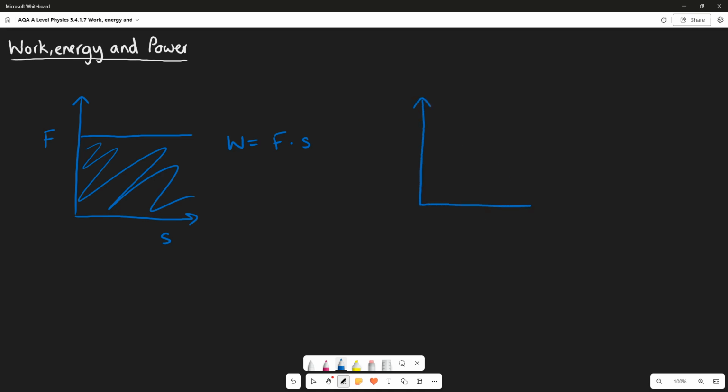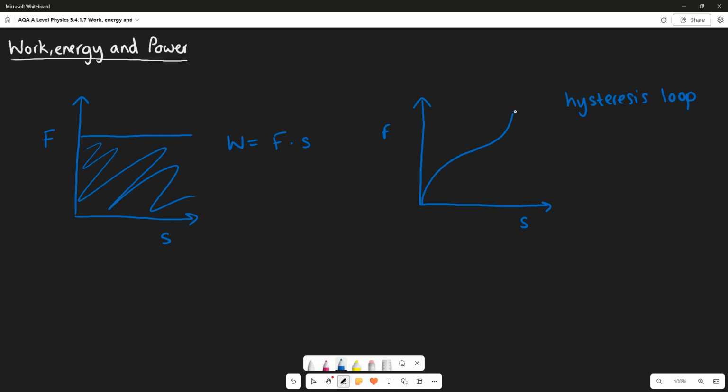Another shape that you may come across is something called a hysteresis loop. If you load a stretchy material and you observe that it changes its length, then you may get a shape that looks like this.